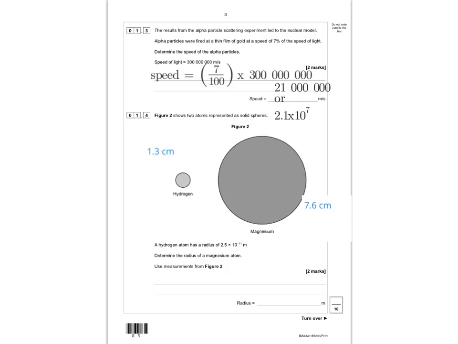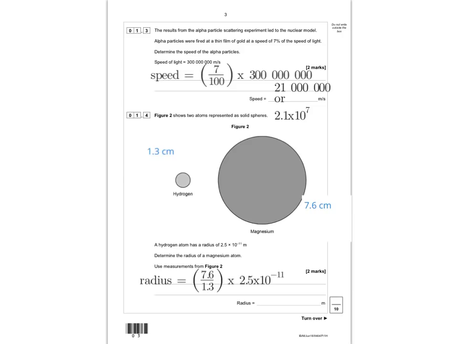And what I then need to do is work out a ratio of these 2 values, and then I will multiply my hydrogen radius by that ratio. So I'm going to do 7.6 divided by 1.3 to get myself an answer, and then I'm going to multiply that by 2.5. So my calculation for my question and my measurements is shown here. I'm doing the 7.6 over the 1.3, and I'm going to multiply that by 2.5 times 10 to the negative 11.